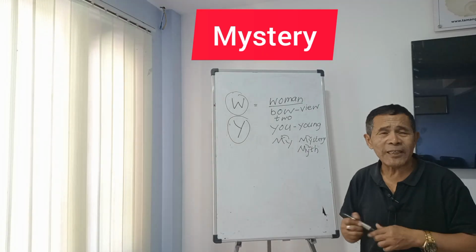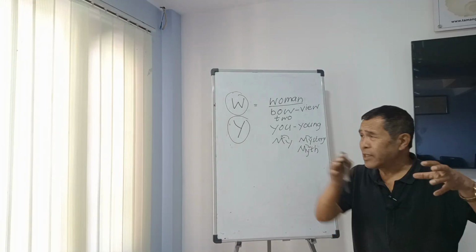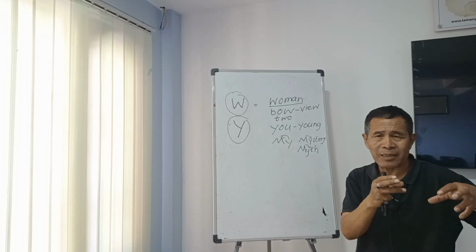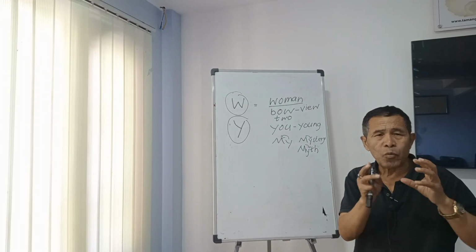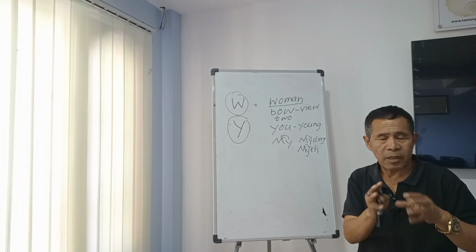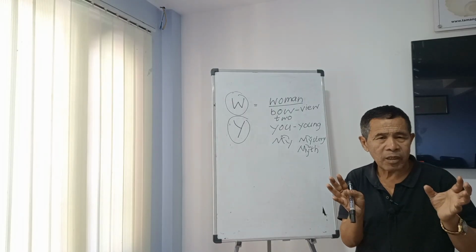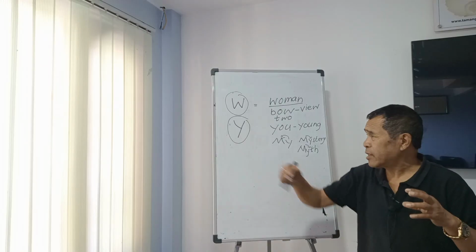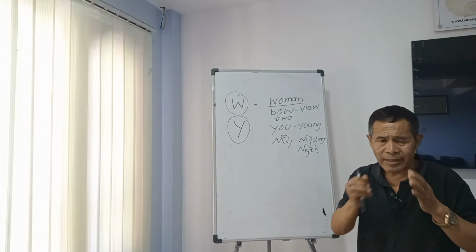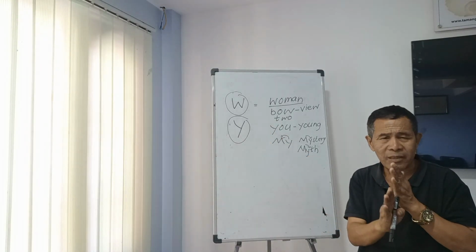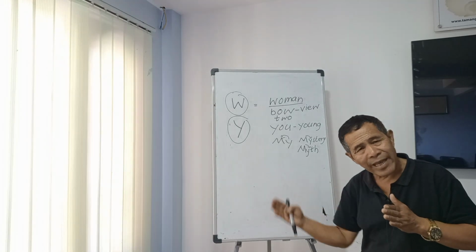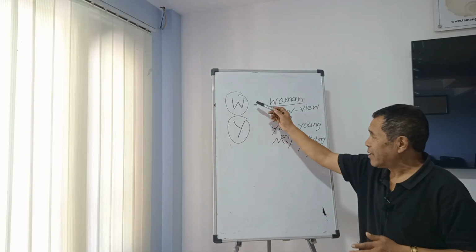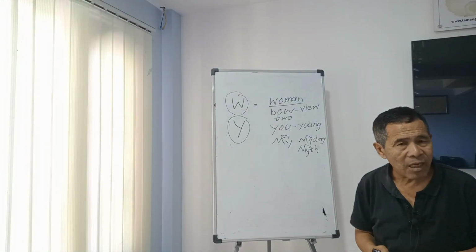So please keep in mind, when these two letters are at the beginning of the word, then they are consonants. Then next, when these two letters are in the middle or at the end of the word, then we call them vowels.